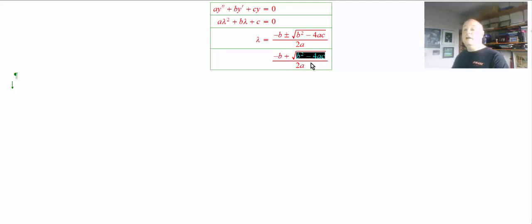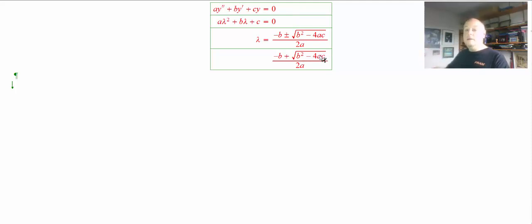The thing under the square root sign is b squared minus something. B squared minus something is less than b squared. Square root of something less than b squared is less than b. Minus b plus something less than b, that's negative. Negative divided by a positive, that's negative. So if the a and the b and the c are all positive, and the eigenvalues are real and different, they're negative, so the solution goes to 0.